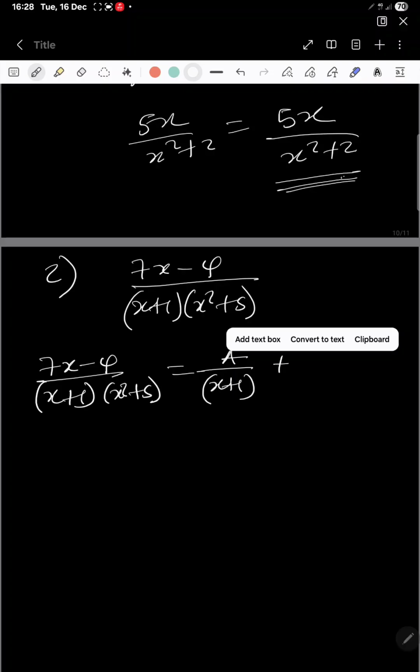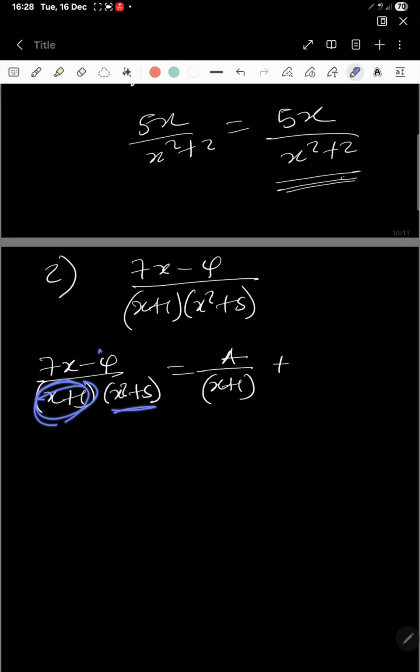So now look at this. I'm saying that the first one is just a linear factor, so it will be a over just that linear factor. Then the second one is a quadratic factor. So if you are dealing with this quadratic factor, you say bx plus c, because you need to write it as a linear over this. So you say plus bx plus c over x squared plus 5, like that.